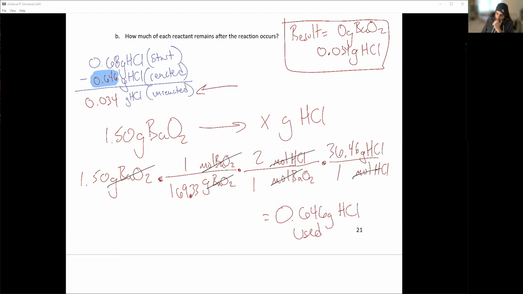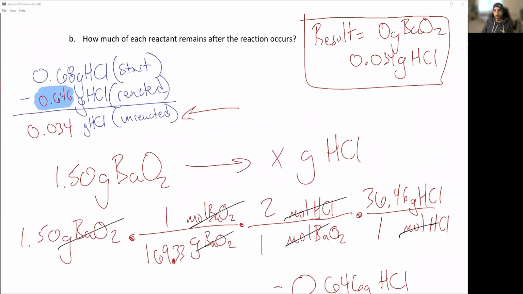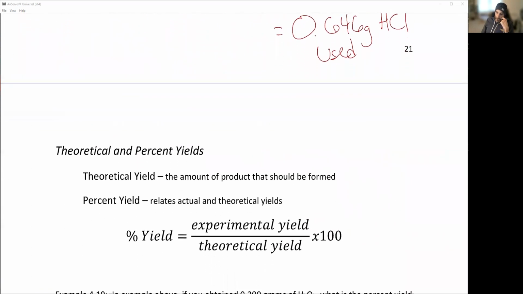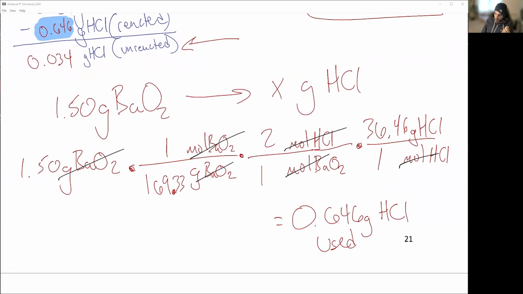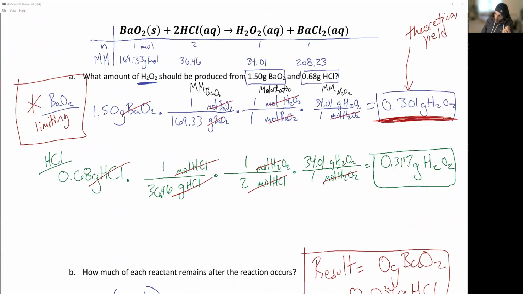Okay. Again, we always start with our limiting reagent. Once we know what our limiting reagent is, then we can solve for everything else. So our theoretical and percent yield, because life is not perfect. So here I'm just going to take this number here. This was our theoretical yield.